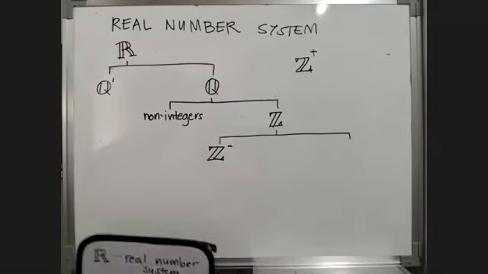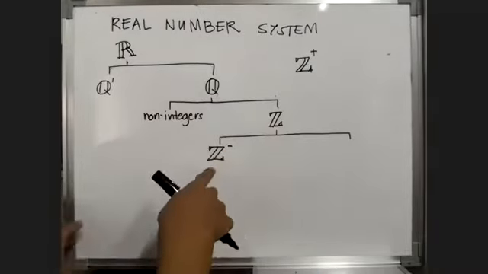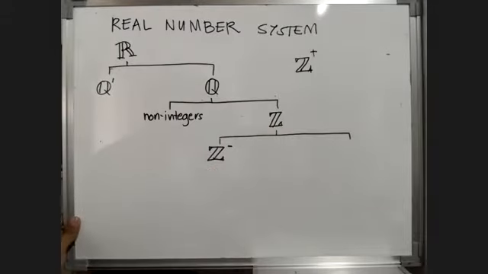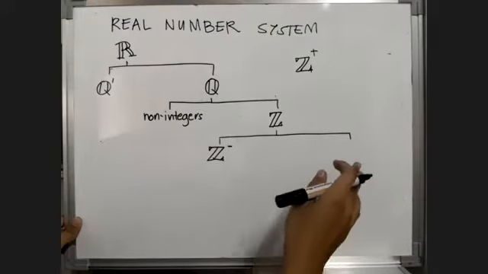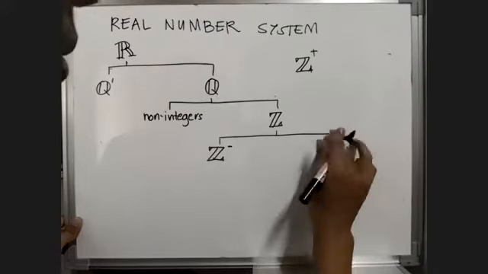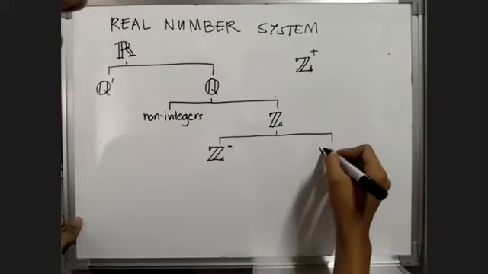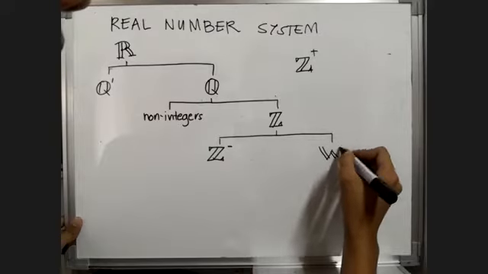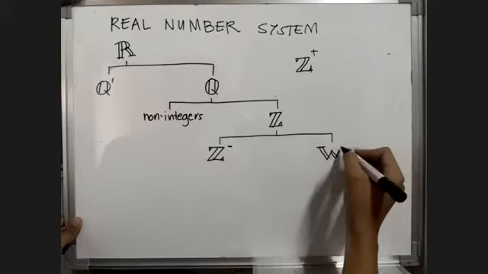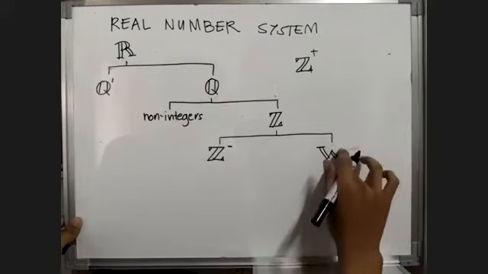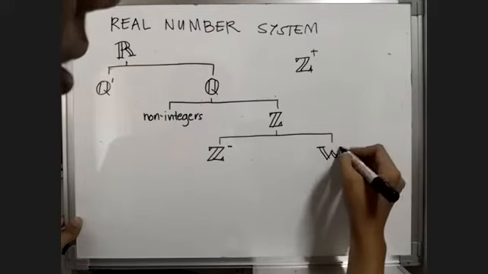So, naka-under kay integers is negative integers and whole numbers. So, we have whole numbers. It is denoted as W. Ayan.